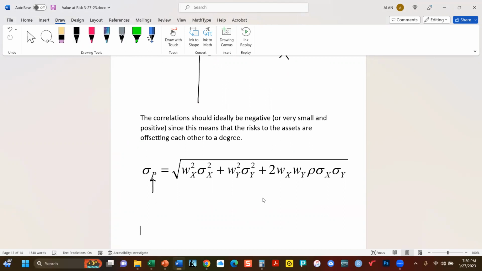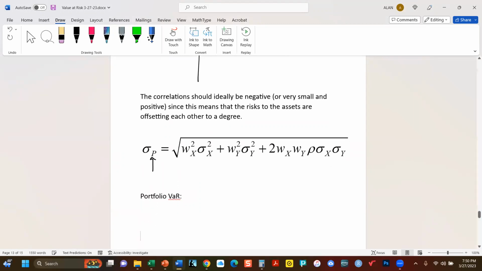This is what we'll need for a value at risk formula. So when it's a portfolio, I'll just mention that now, everything's the same except for one little detail. The first two are identical. What's changing is that now, instead of sigma, it's sigma p, to remind us that this is the volatility of the entire portfolio.